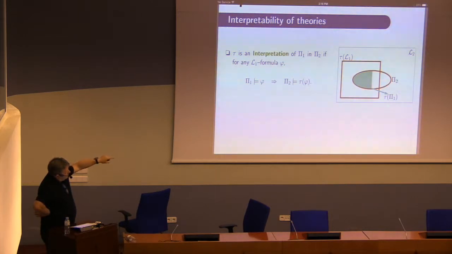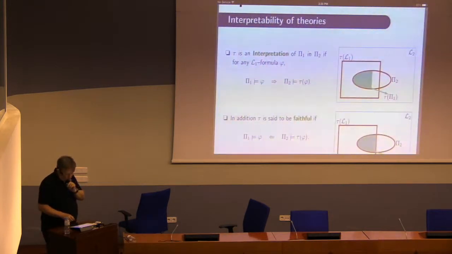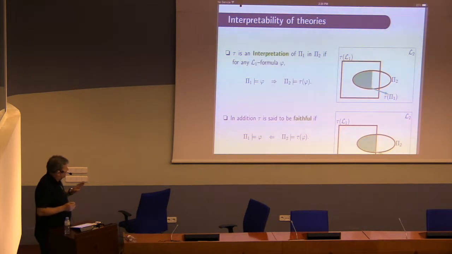And then the smaller rectangle is the part of L2 which corresponds to what you've translated from L1, okay? And then you have the pi2 models, and among the pi2 models, you have all the translation of pi1. Okay, so that's a basic interpretation, which already preserves a lot of interesting properties.